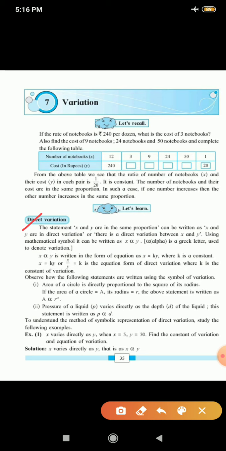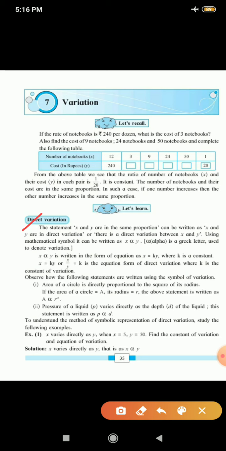Now the statement X and Y are in the same proportion can be written as X and Y are in direct variation, or there is a direct variation between X and Y. Using mathematical symbol, it can be written as X alpha Y, that is X varies as Y directly.